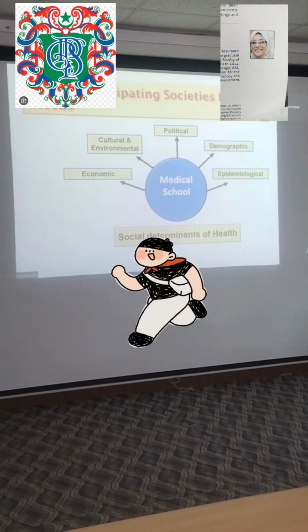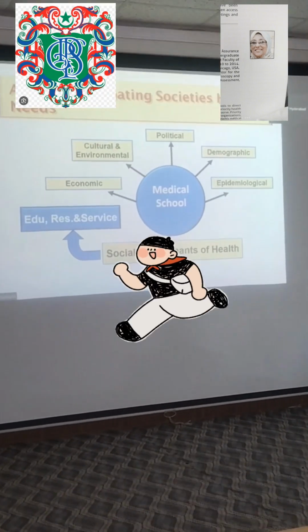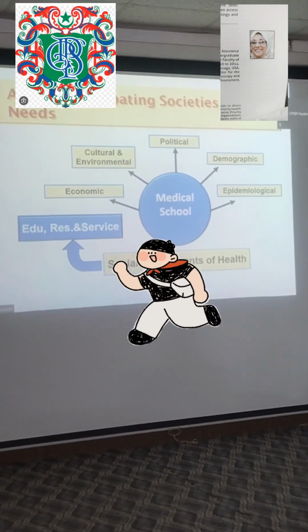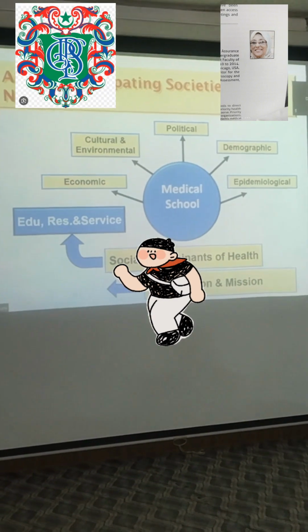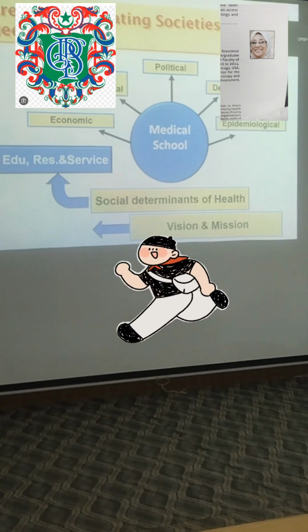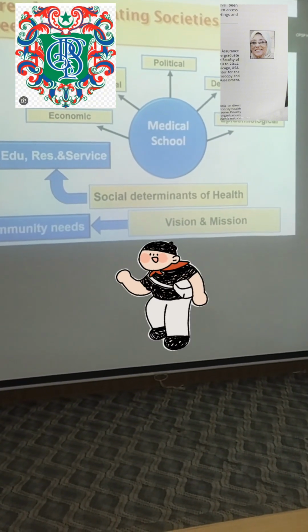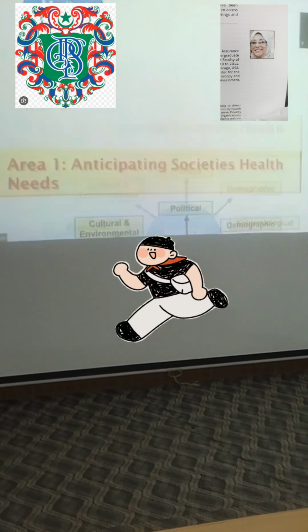And then it should direct this to education, research, and services accordingly. Another sub-area is that the vision and mission of the school should include the community and spell out the community needs.